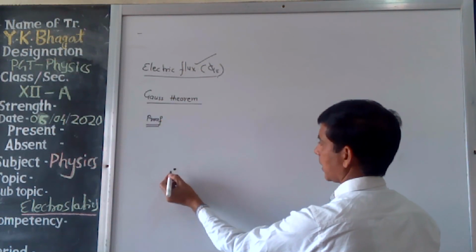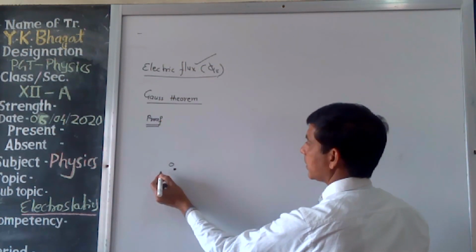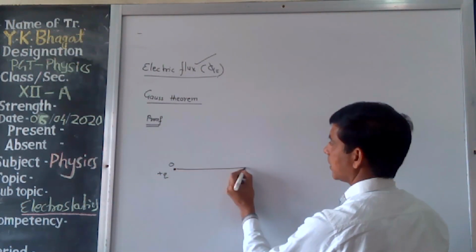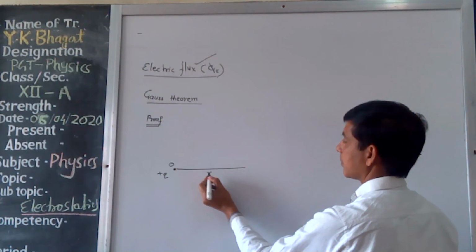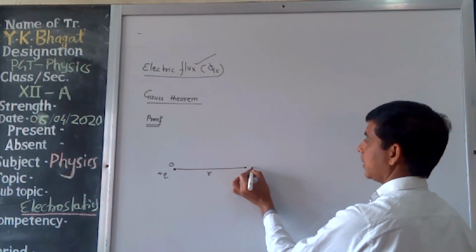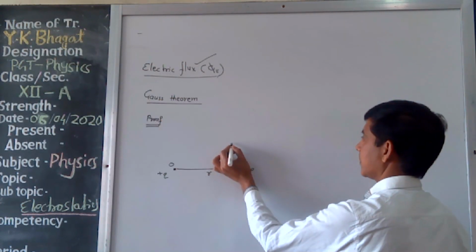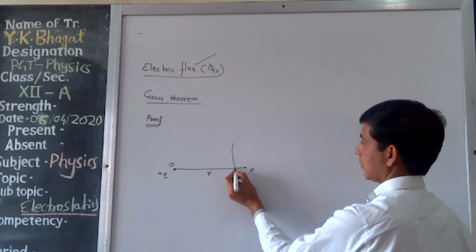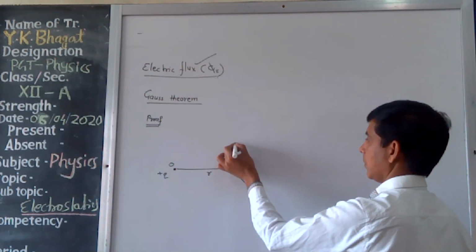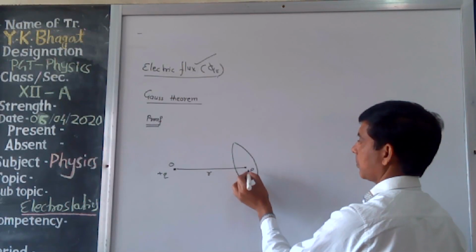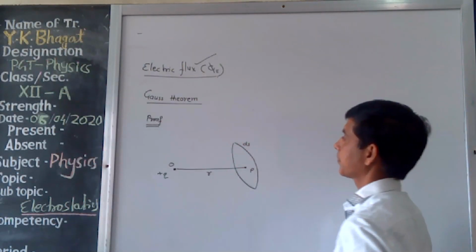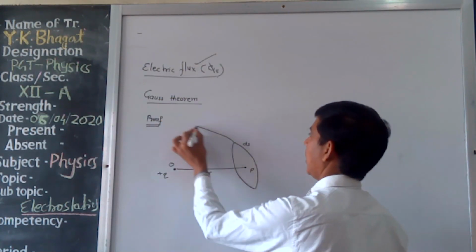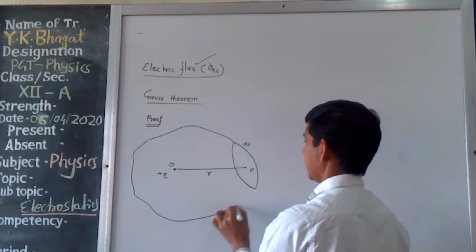We consider O a point containing charge plus q, and at a distance r, P is a point, enclosed by a small area ds, and that small area is part of this total area.